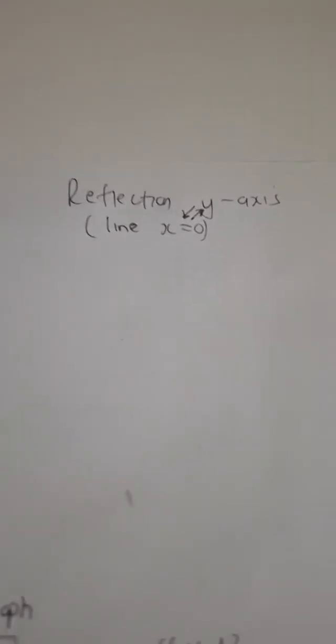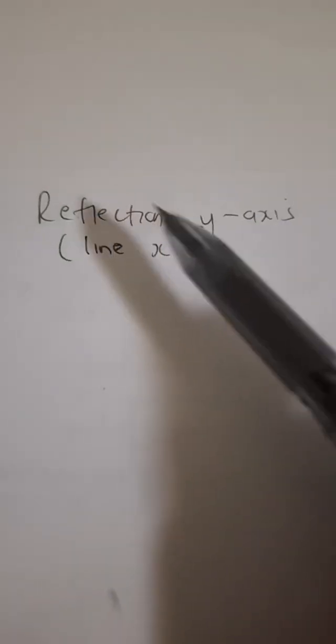Okay, let me just repeat that, because at this point I wanted to explain the whole reflection. Reflection along the y-axis can also be referred to as the reflection along the line x is equal to 0.